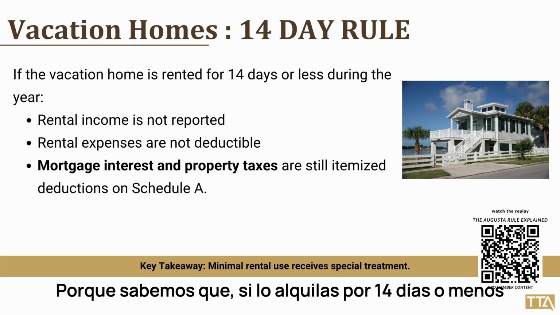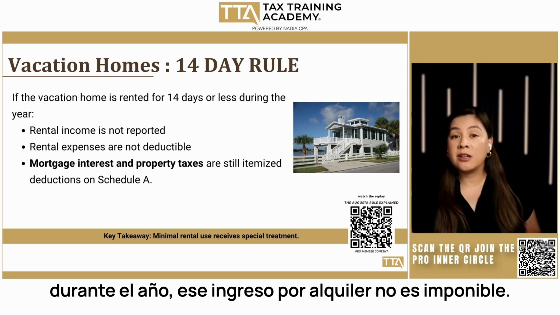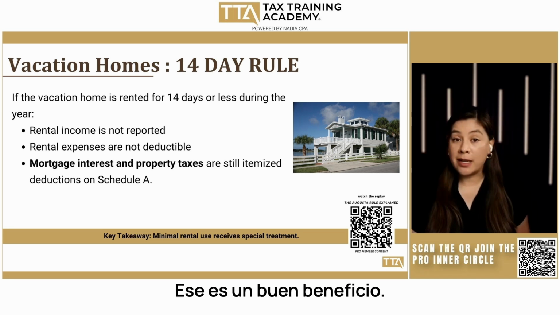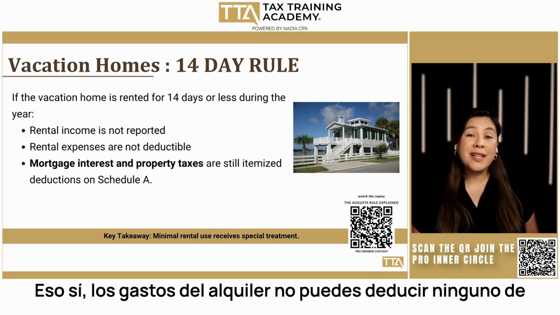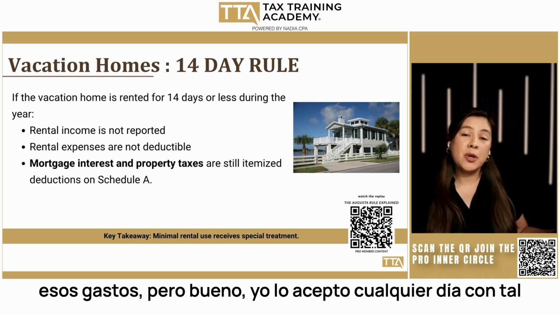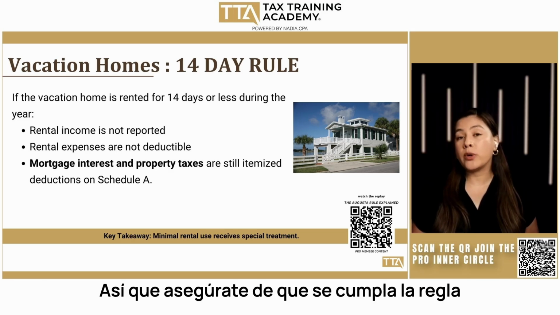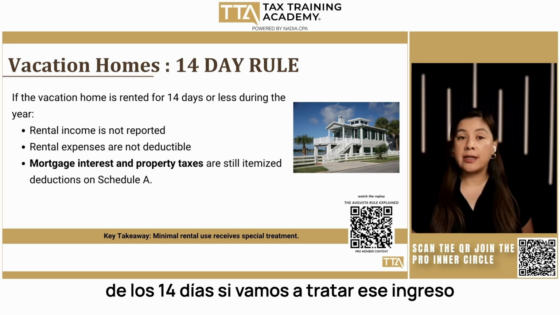Because we know that if you are renting it for 14 days or less during the year, that rental income is not taxable. That's a nice benefit right there. The rental expenses, though, you can't deduct any of those expenses. But hey, I'll take it any day to have that rental income not be subject to tax. So make sure that the 14-day rule is met if we're treating that rental income as not taxable.